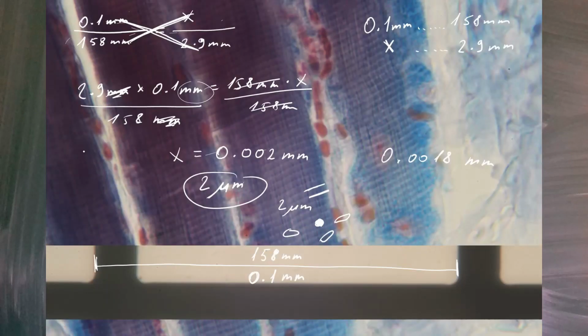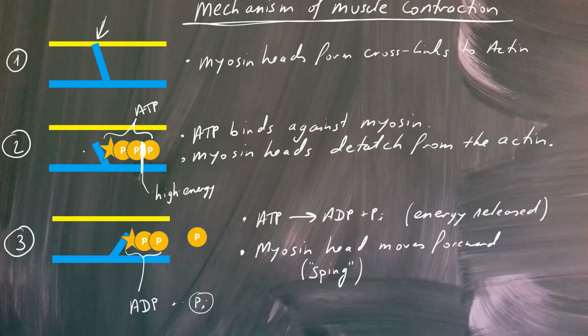Then we did a size calculation, where hopefully you should have gotten the same result as I have, even though you probably have a different sized screen. And finally we looked at the mechanism of muscle contraction and how this happens on a chemical level. I think that's pretty much everything I wanted to say.